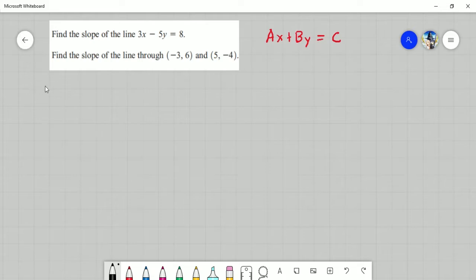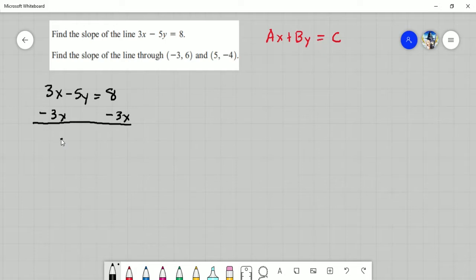So I'm going to write down 3x minus 5y equals 8 and solve for y. So this is a regular algebra problem, like we've always been doing when trying to solve for a variable. First things first, I need to subtract 3x on both sides of the equation.